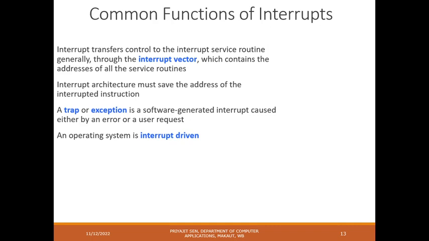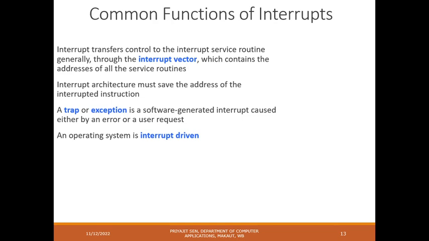There are three different types of RST, as I have told you: RST 5.5, RST 6.5, and RST 7.5. Then trap and INTR, where INTR has the lowest priority and trap has the highest priority. This is a part of computer organization or architecture, also a part of the microprocessor course, which will be taught by some other teacher. I am telling about the operating system only, so I am telling only the basic parts.